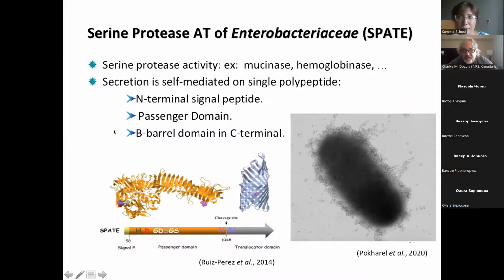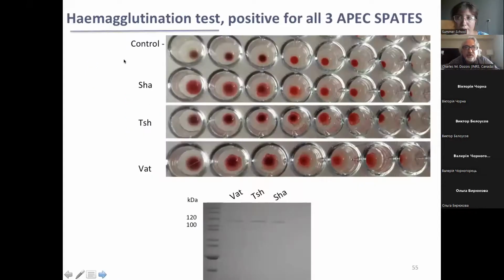Since then, it's been found, obviously, that they have partner proteins such as the BAM complex that are necessary for this presentation. But this particular new member, our strain that we were interested in, was actually found to have 5 different autotransporters like this. And it does function as a hemagglutinin.